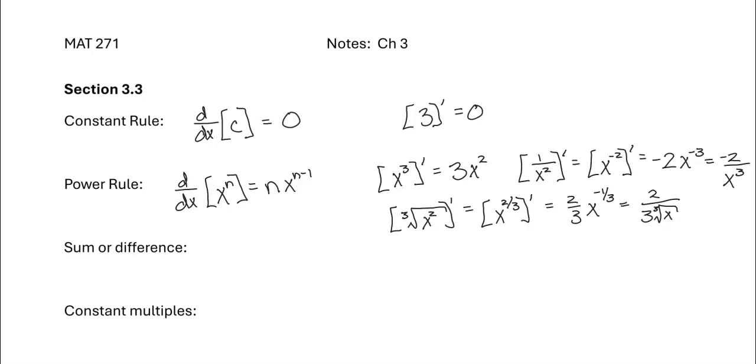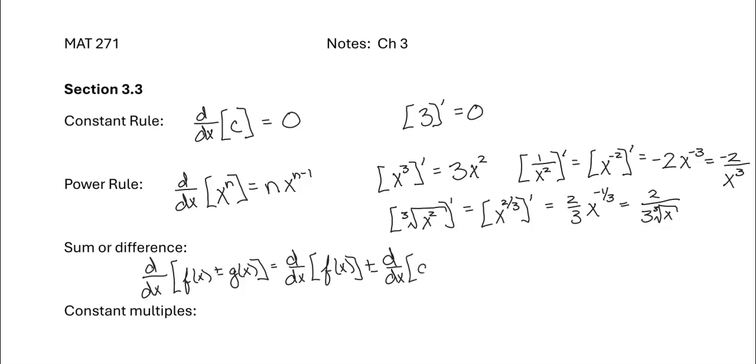The sum and difference rule. What this is saying is that if we want to take the derivative of f of x plus or minus g of x, that means we could take the derivative of each piece. So it would be f prime of x plus g prime of x.